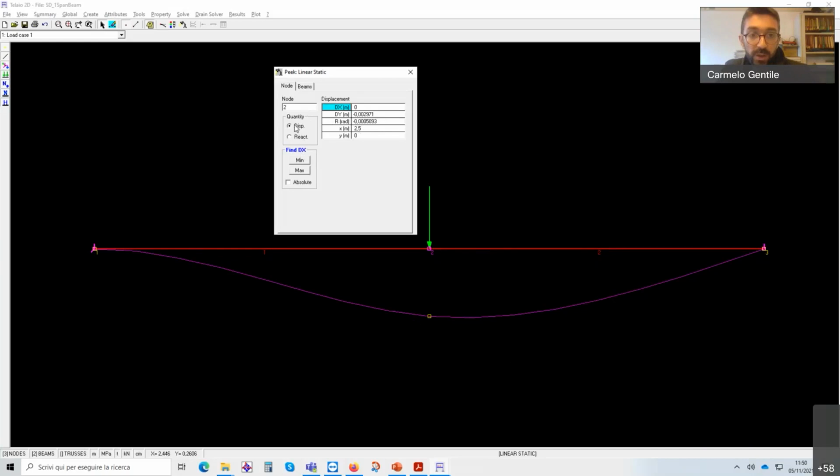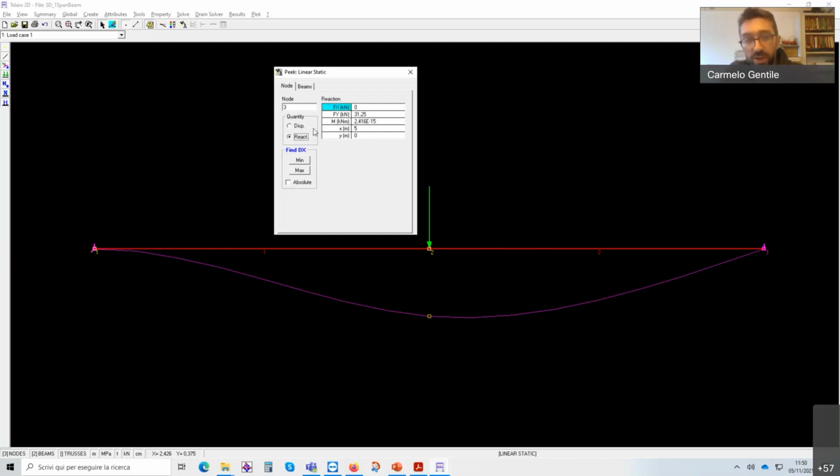Then if we go on node 3, we have 0 horizontal, 0 vertical displacement, but we have rotation. And it is positive because it's clockwise from here. It depends on what we are looking at.